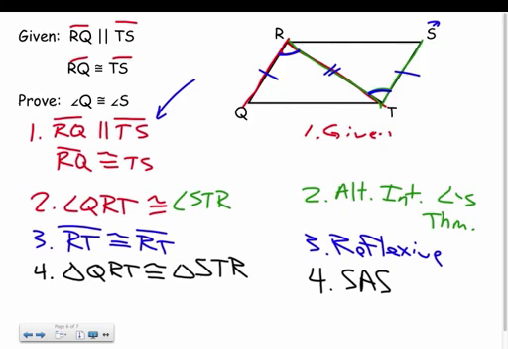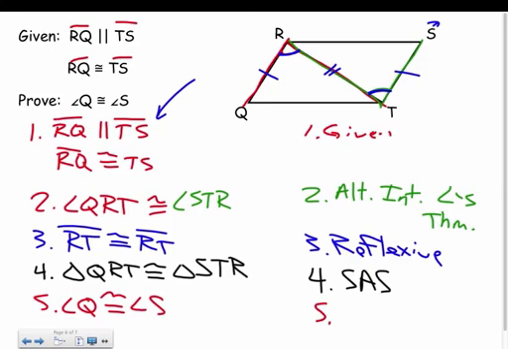And now, since the triangles are congruent, that means all sides and all angles are congruent. So I can state what I'm trying to prove, that angle Q is congruent to angle S. And this is kind of a goofy thing that we say. We say that corresponding parts of congruent triangles are congruent. So we're saying that all the corresponding parts are congruent. So our fancy way to write it is CPCTC.